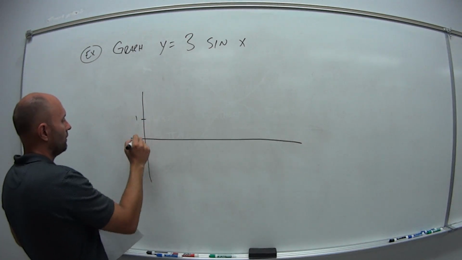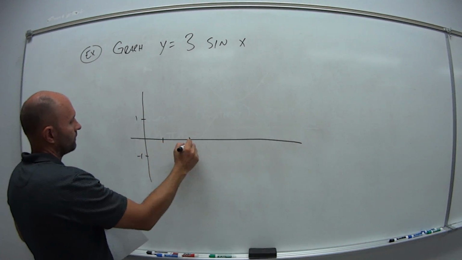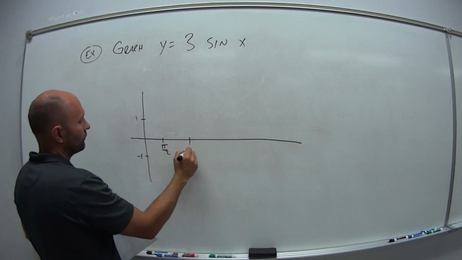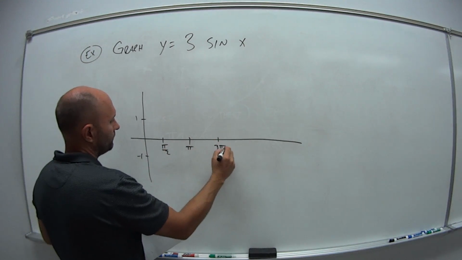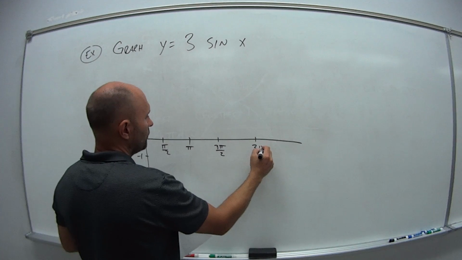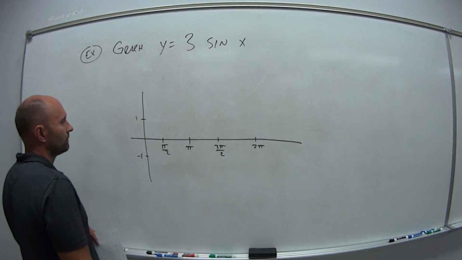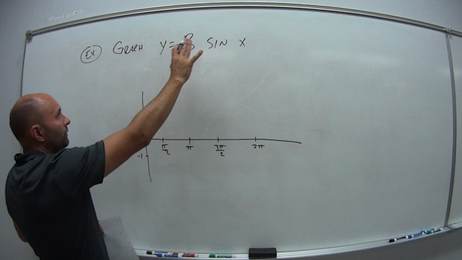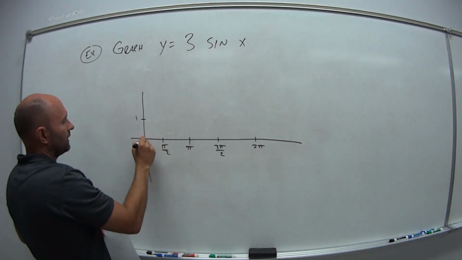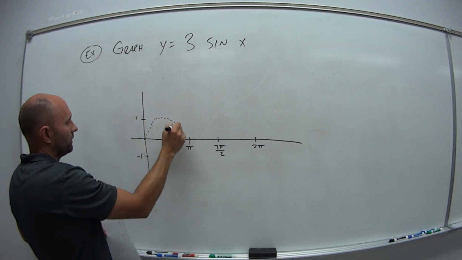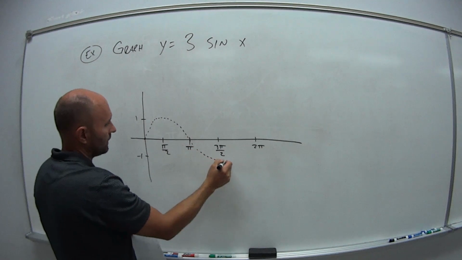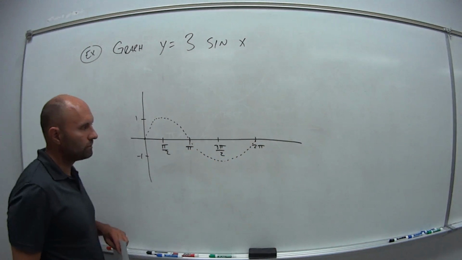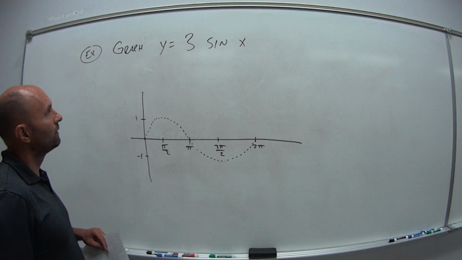So if we recall, we have pi over 2 and pi, 3 pi over 2, 2 pi. If we are dealing with just sine of x, we're starting at the origin, going up to 1, through pi, down to -1, ending at 2 pi.